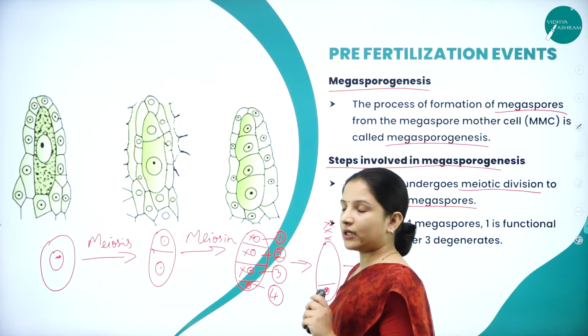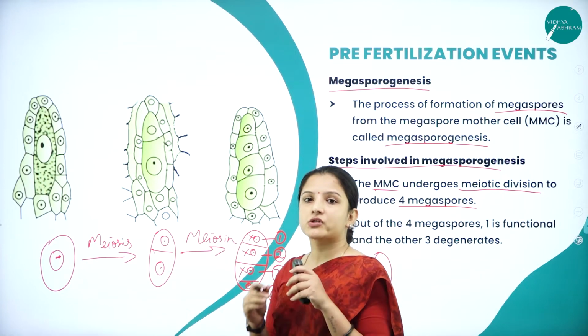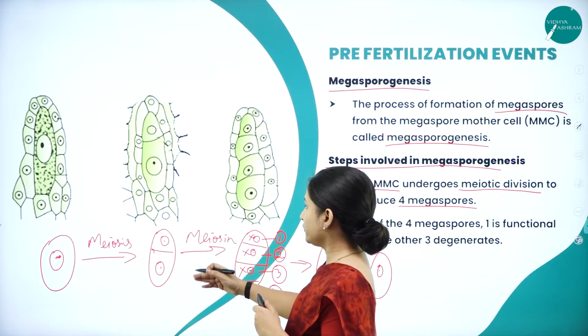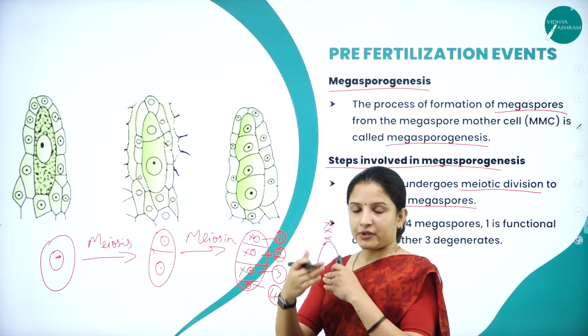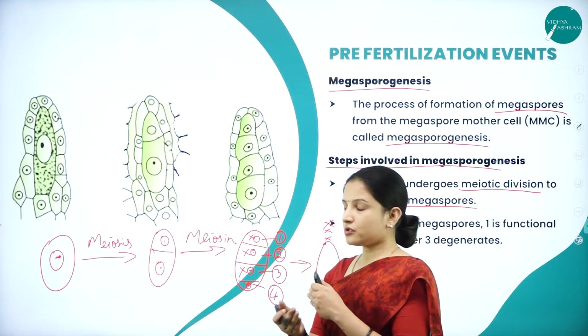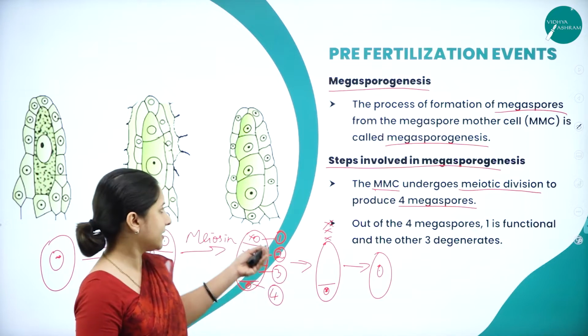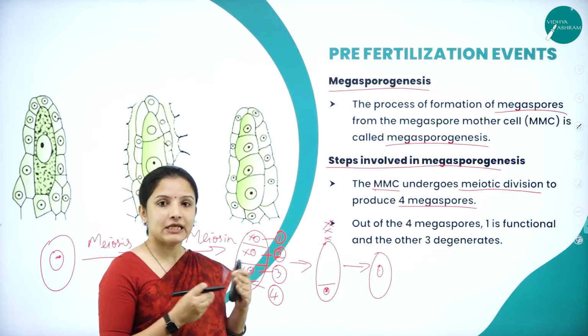I'll explain once again. You have the megaspore mother cell which undergoes the reduction division called meiosis to produce 2 cells. The 2 cells again undergo meiotic division to produce 4 cells. Out of the 4 megaspores, the 3 megaspores will degenerate.